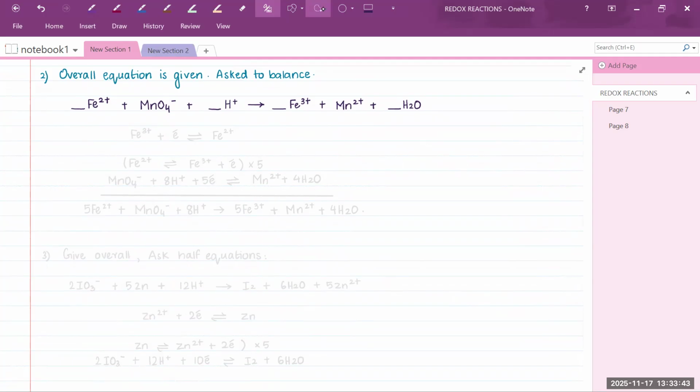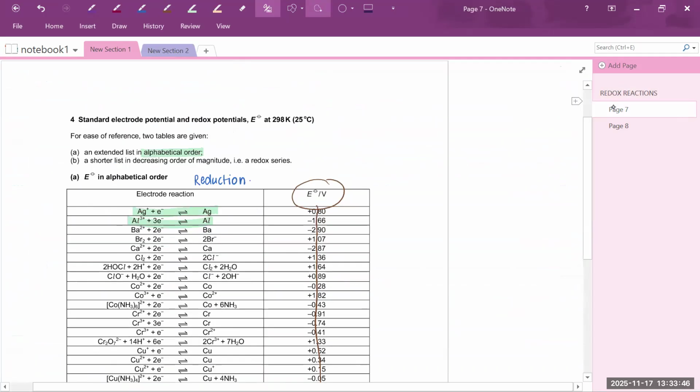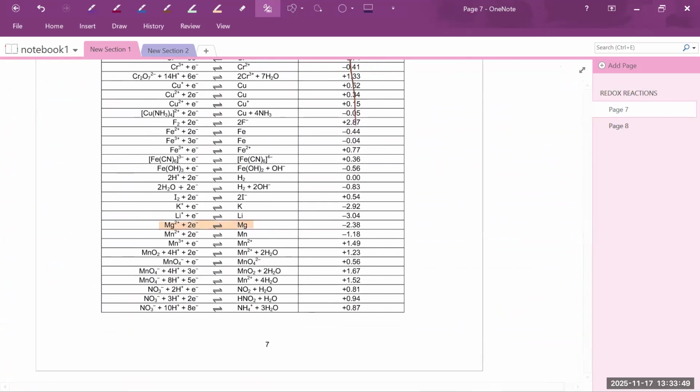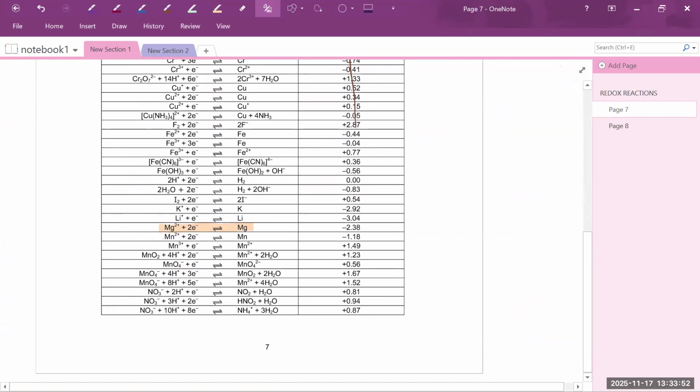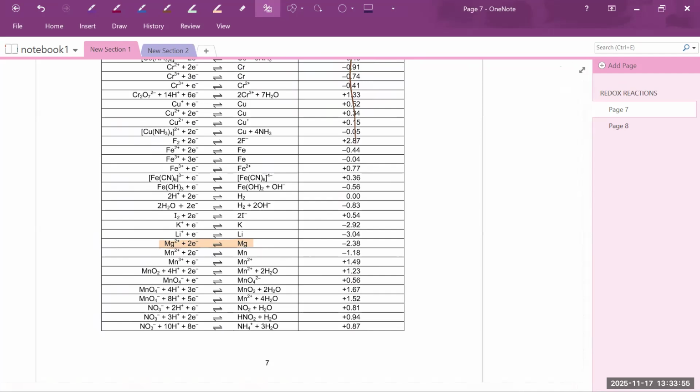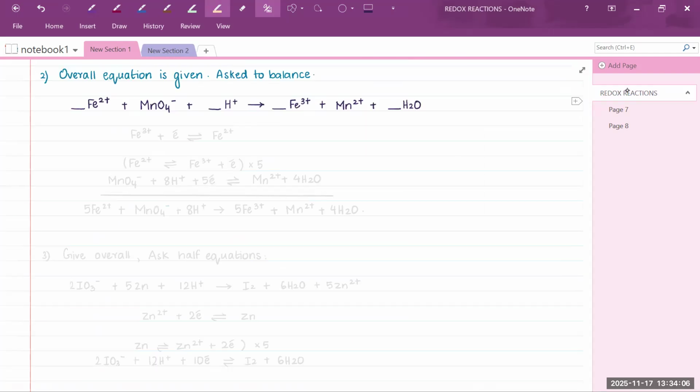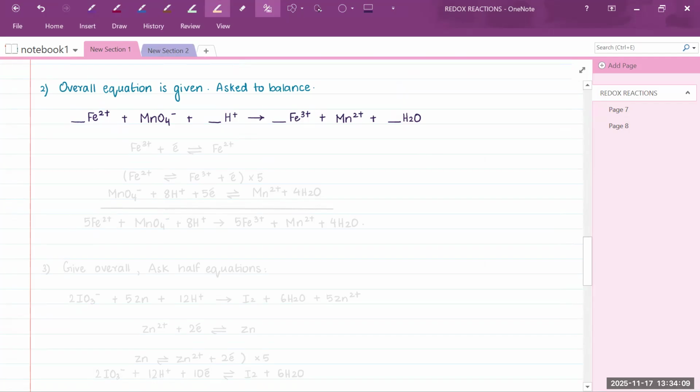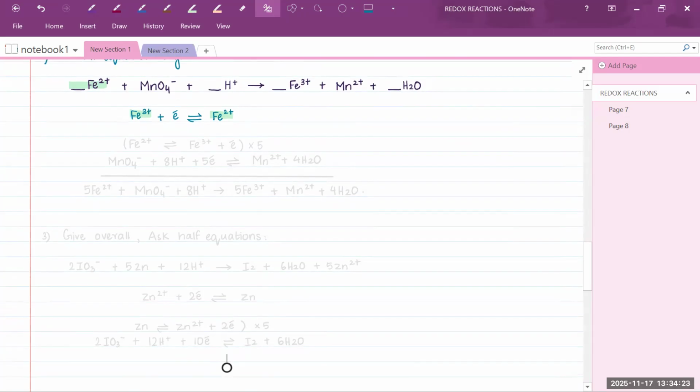We can see from the data booklet, where is the equation? Okay, here. Fe3 plus plus electrons, this is a reduction, it is converted into Fe2 plus. So this is the equation from the data booklet. But here on the reactant side we can see Fe2 plus, not Fe3 plus.